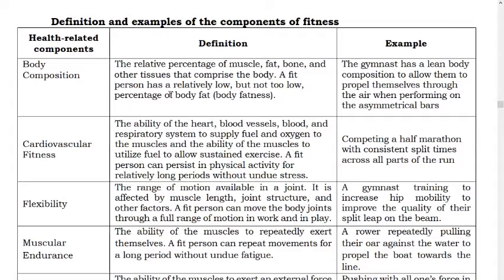So a fit person has a relatively low but not too low percentage of body fat or body fatness. Example is the gymnast has a lean body composition to allow them to propel themselves through the air when performing on the asymmetrical bars. That is for the body composition.